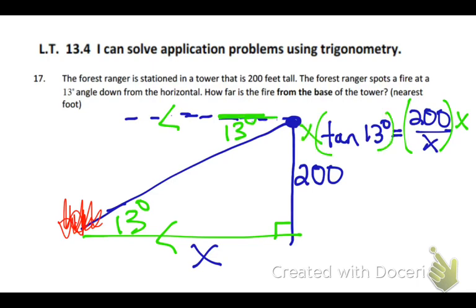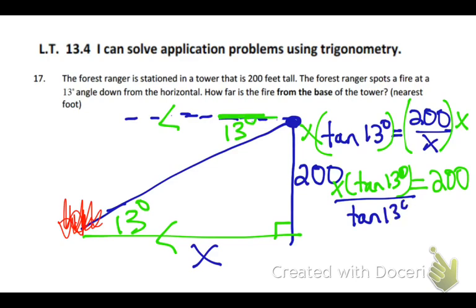So we're going to multiply by x, so that'll be 200 on the right, and this will be x times tangent 13 degrees. And then we're going to divide by tangent of 13 degrees. And so x is about, let's see what we get here.